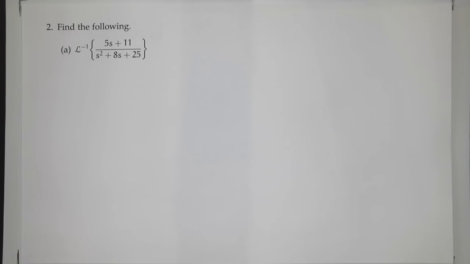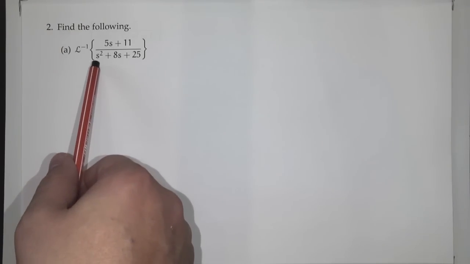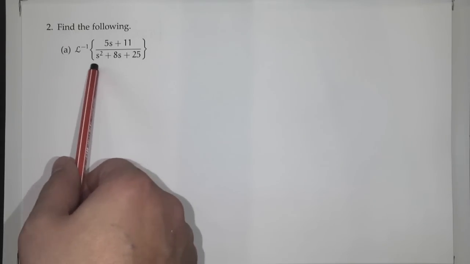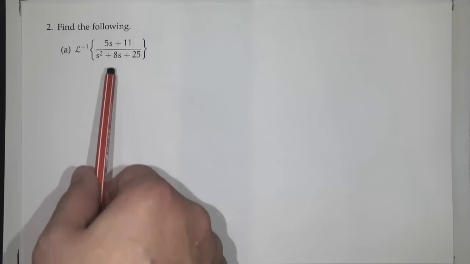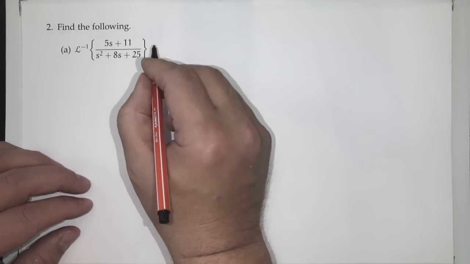All right. Well, what should we check? What should we be looking at here? We should look at the denominator. Now, you should check to see, does it factor? If it doesn't factor, complete the square. Does s squared plus 8s plus 25 factor? We say, try it. No, couldn't do it. Let's try completing the square.